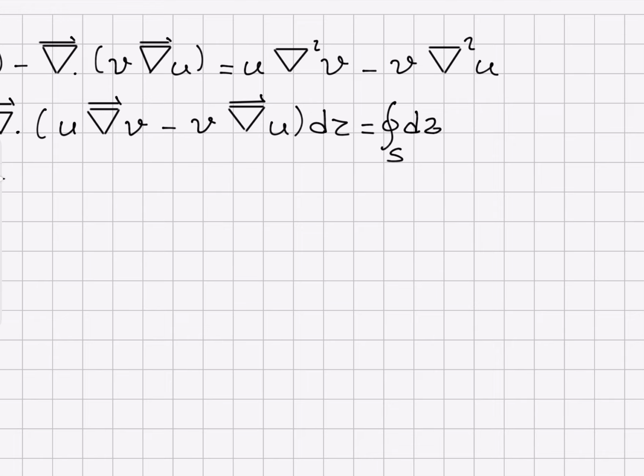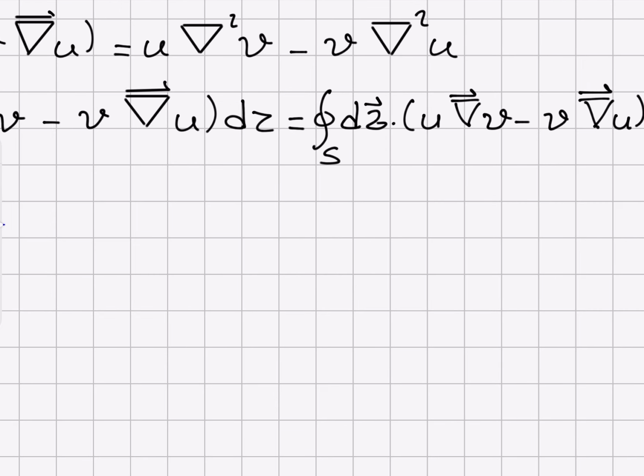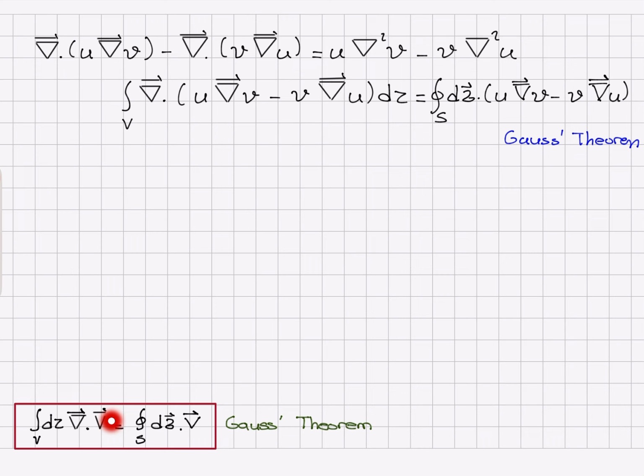We're going to get d sigma dot u gradient of v minus v gradient of u. And what have I used here? I have used Gauss theorem. So I have recognized the vector v to be u gradient v minus v gradient u and substituted into Gauss theorem. All right.